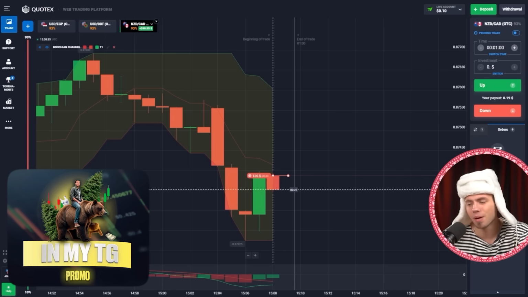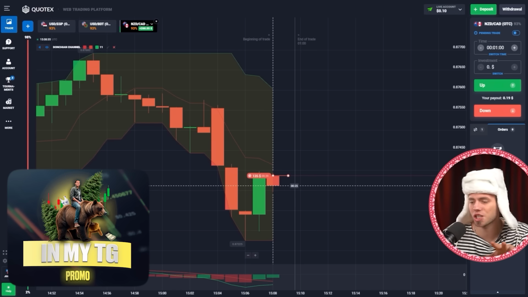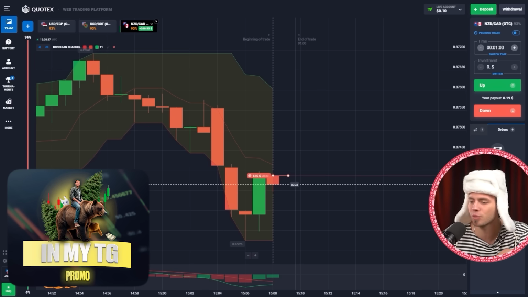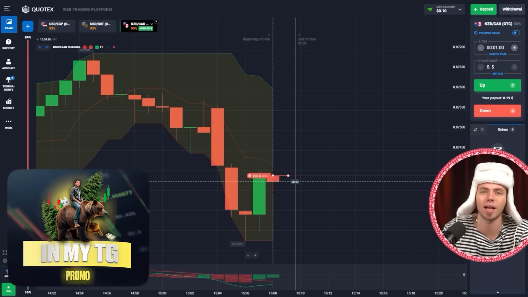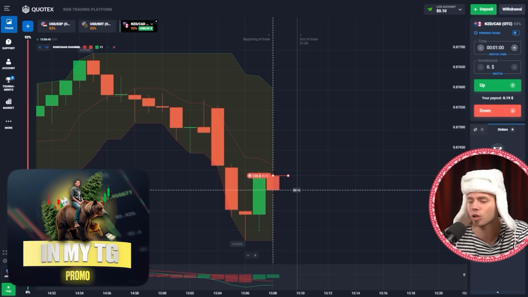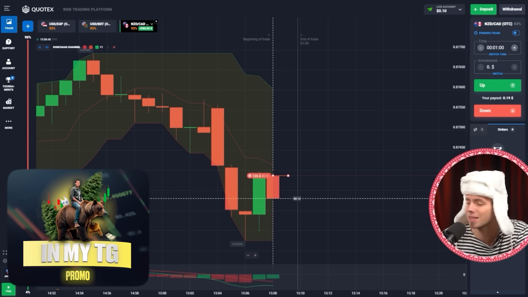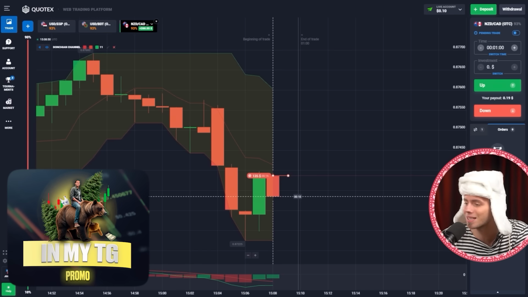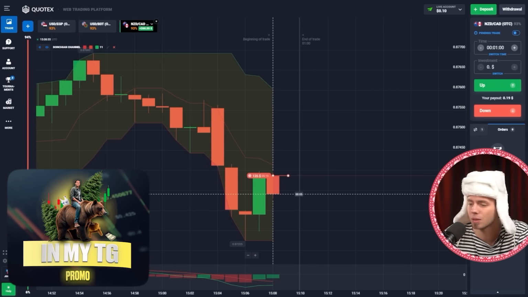As you can see, pretty similar situation, I can say, because here we also have this middle line of the channel, which is a very strong resistance level for us at the moment, and we had not enough power to break through it. That's why basically right now we will see the trend going down and the option going down. So yeah, that's basically what is happening right now over here.